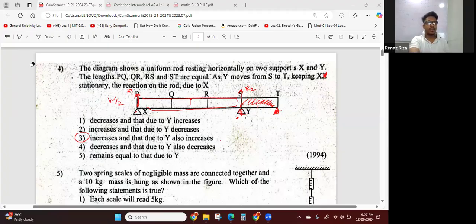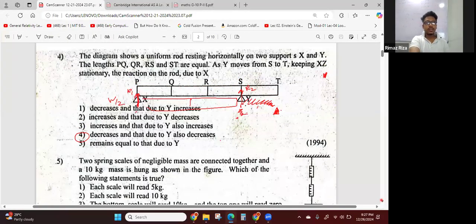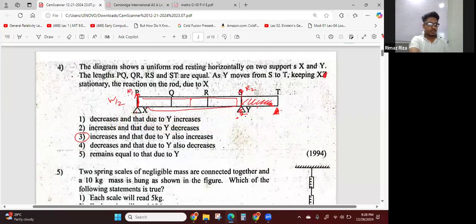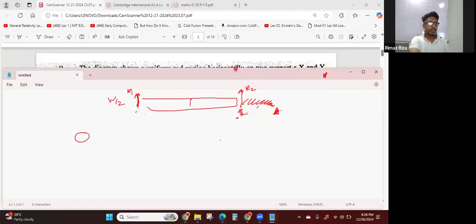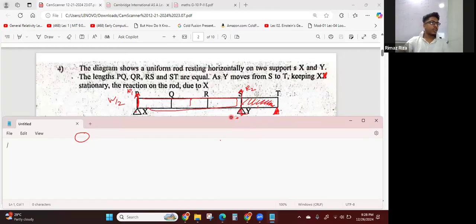analytically. Let's take a diagram like this. Let's say the total length of the rod is L, and this length from X to Y I'll take as x, and therefore the remaining length will be L minus x.